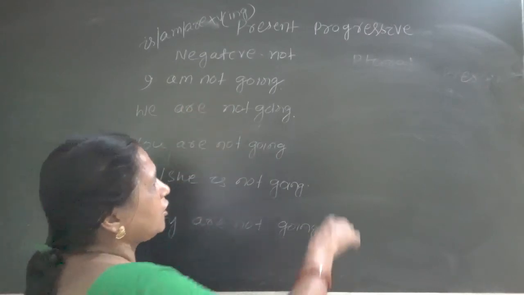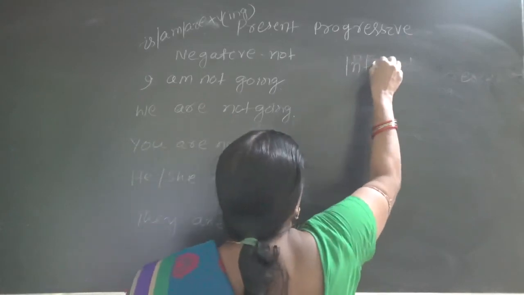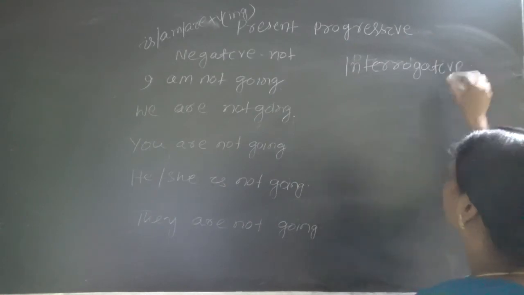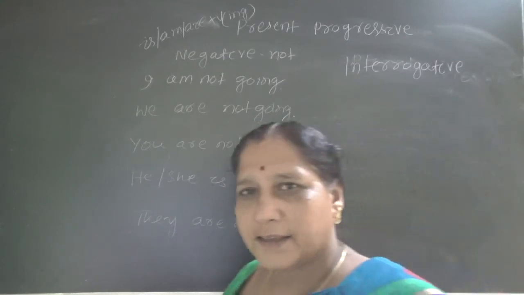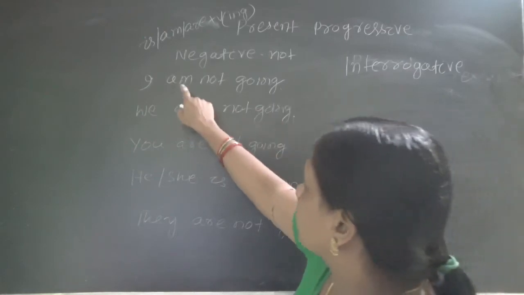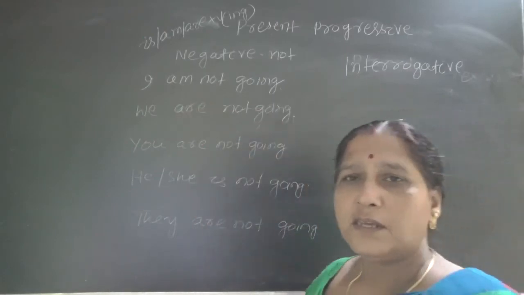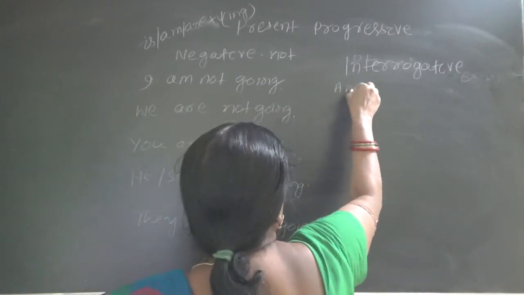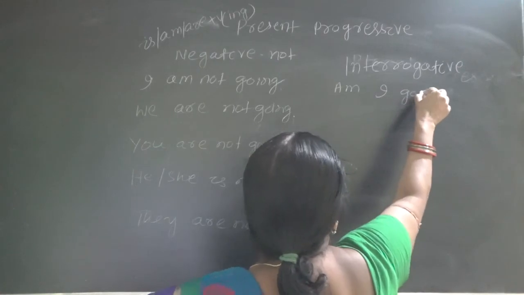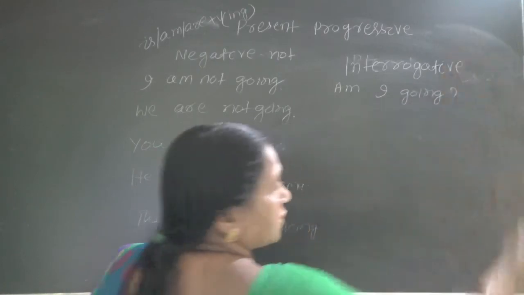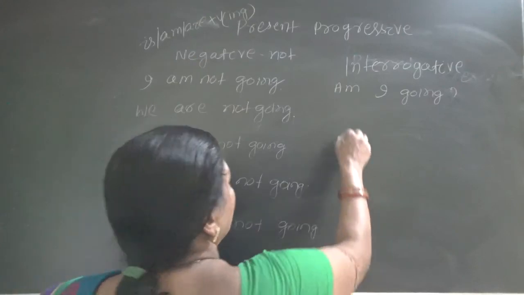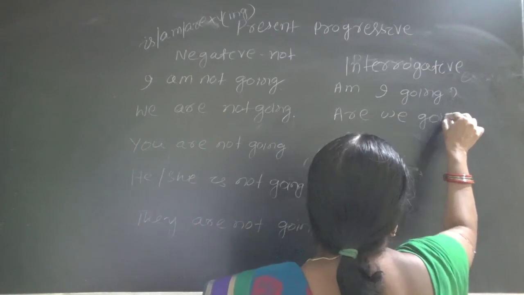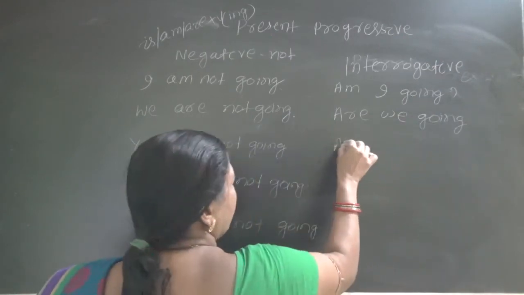Then how can we turn it into interrogative? In a similar way, we turn it into interrogative by taking the auxiliary verb to the front of the sentence. Like, am I going? Are we going?